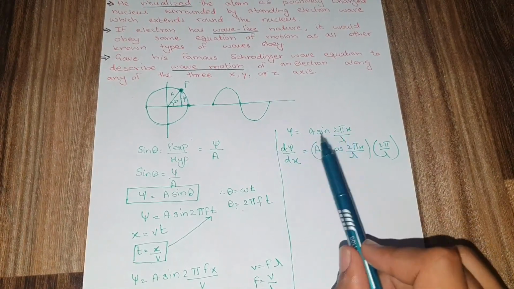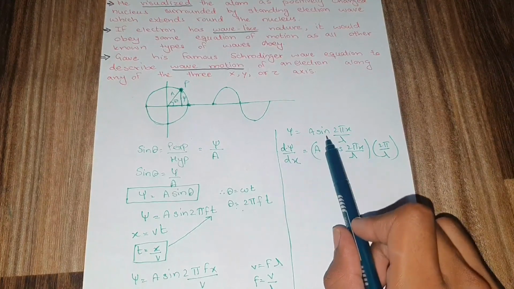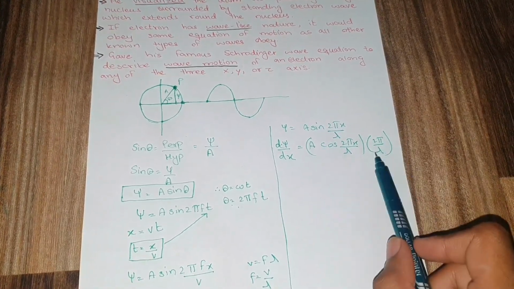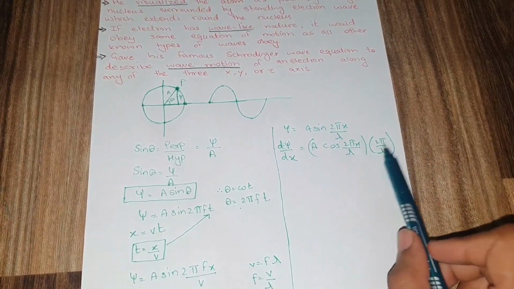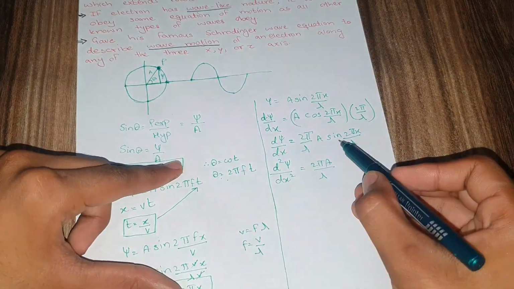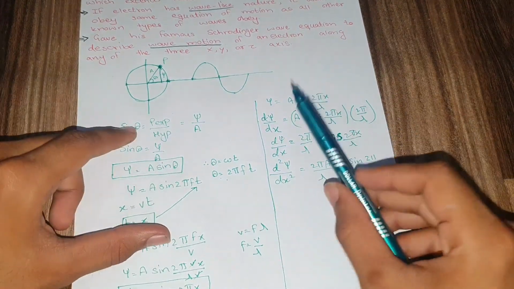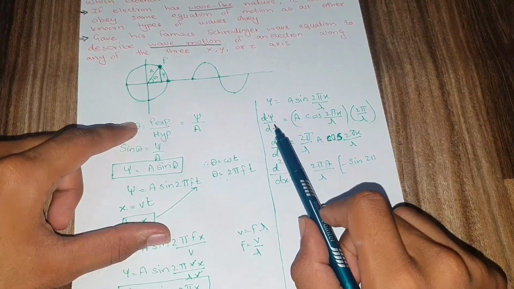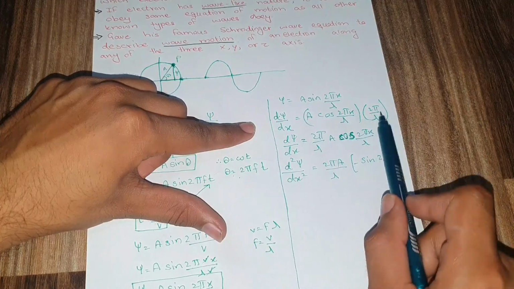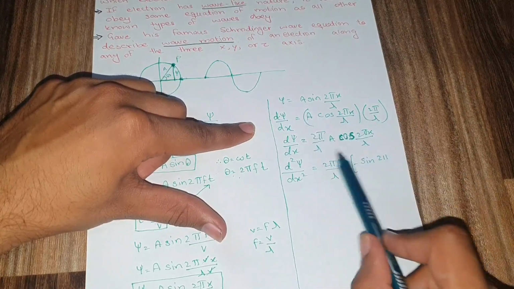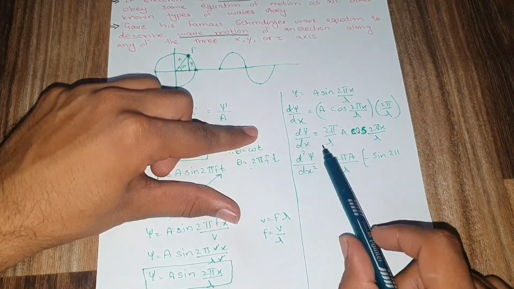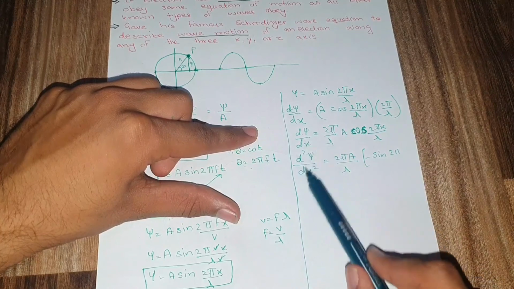So on differentiation with respect to x, d psi divided by dx is equal to this: the derivative of sine is cos, so sine becomes cos, and this is the extra factor that has come from the differentiation. I am just going to rearrange the equation, with 2 pi over lambda written earlier. Now I differentiate this equation again with respect to x, and it becomes d square psi divided by dx square.